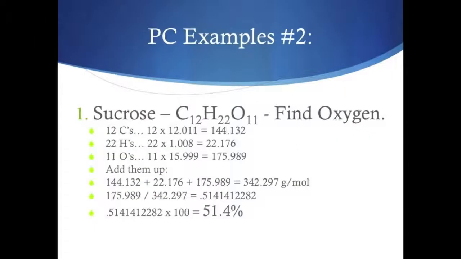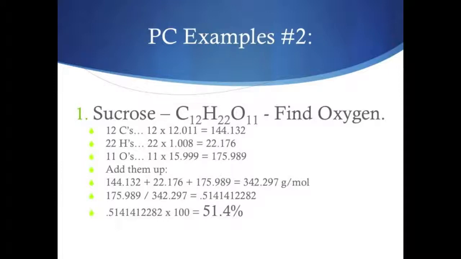Our next and last example is going to be for sucrose, whose gram formula mass you also found earlier. But it's asking you to find how much oxygen is used in sucrose. So you're going to take your steps that you use for GFM, and you should come out with 342.297 grams per mole.